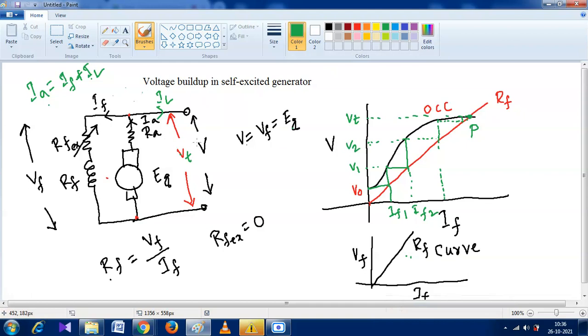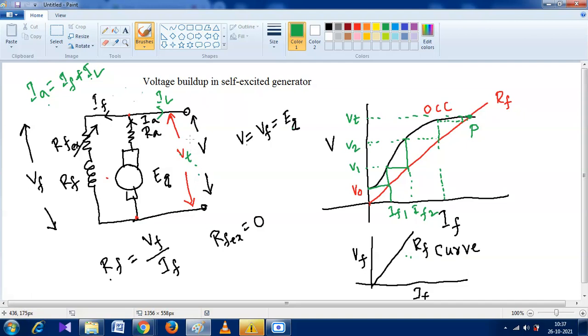What is OCC? If the terminal is open, if we do not connect a load on the terminal of the DC generator, that means this is an open circuit. Ayush, can we say that? Yes, sir. If we do not connect a load on the terminal of the DC generator, can we say that this generator is in open load or open circuit?